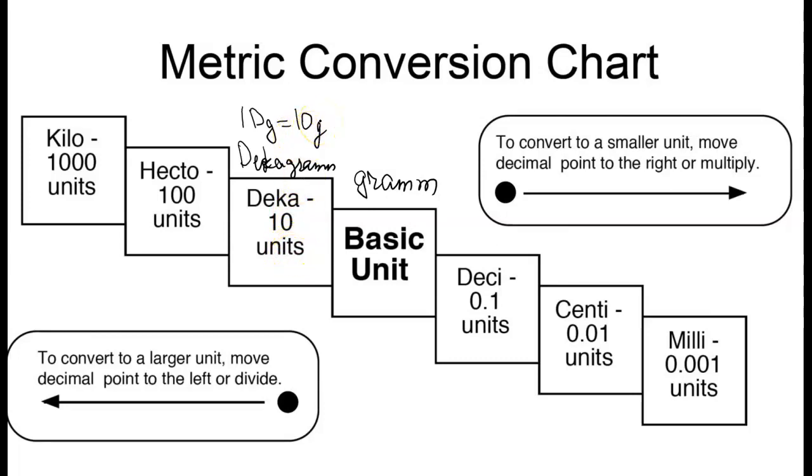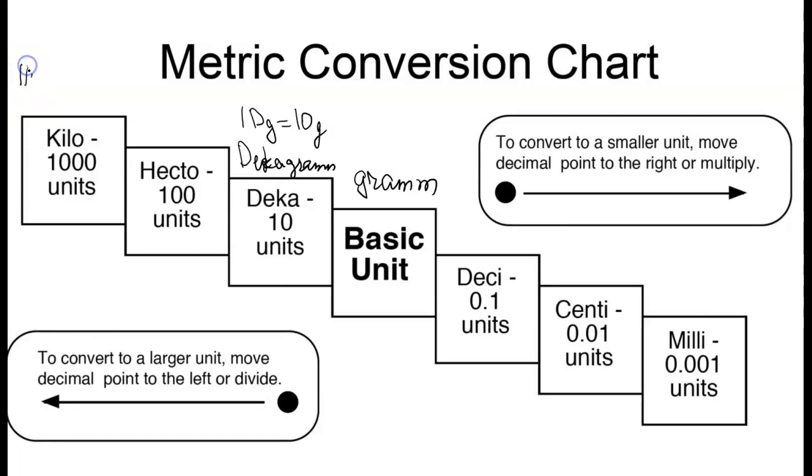You always compare your unit with the base unit, that's why you understand how much greater or smaller it is. So hecto is 10 times greater than the basic unit. Kilo is actually 1,000 times greater than the basic unit.